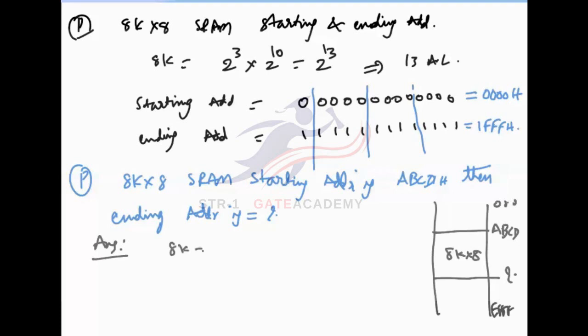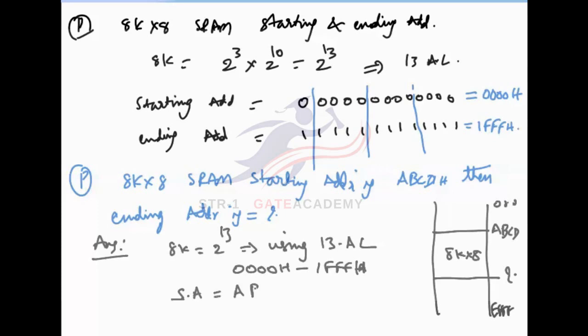According to our analysis just explained, 8 kilo is 2 power 13. So using 13 address lines, the range is 0000H to 1FFFH. This is the range. Now I am writing the starting address here. Starting address is ABCDH.